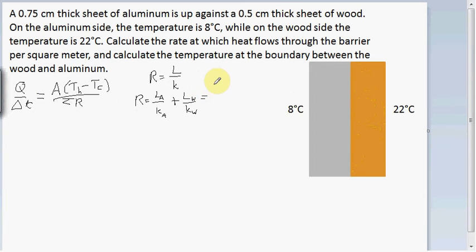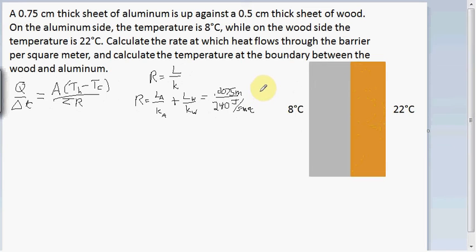L for the aluminum is 0.75 centimeters, so that's 0.0075 meters. K for aluminum is 240 joules per second meter degrees Celsius.